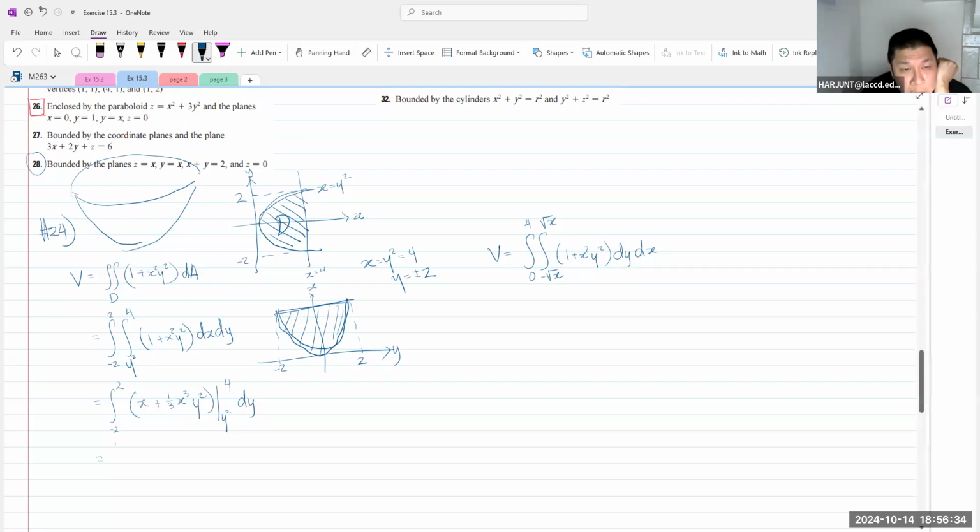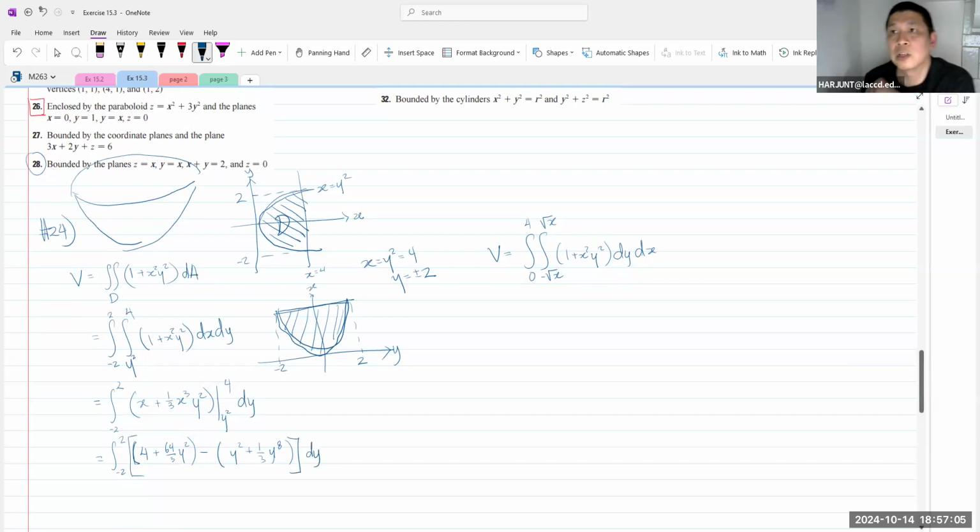So this will be the integral from -2 to 2 of 4 plus 64 over 3 y squared minus y squared plus 1/3 y to the 8 dy.